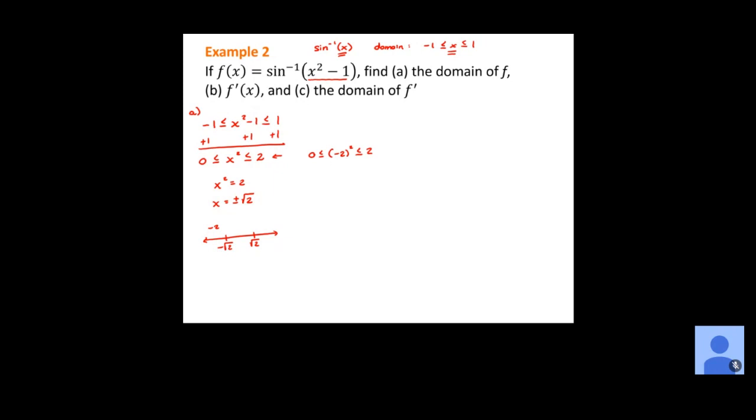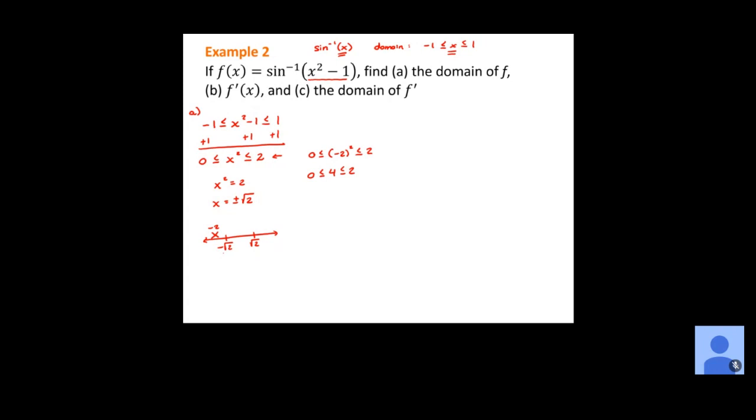Well, what's -2 squared going to give us? It's 4, right? Is that a true statement? Is 4 between 0 and 2? No. So this interval down here doesn't work, right? So anything less than negative square root of 2 is going to give us a false statement. That inequality is not true anymore, so we're not going to include those values.